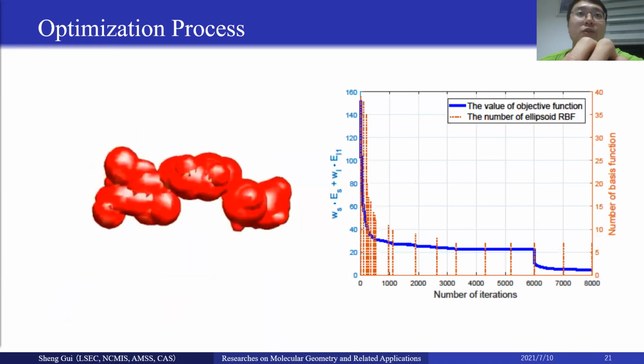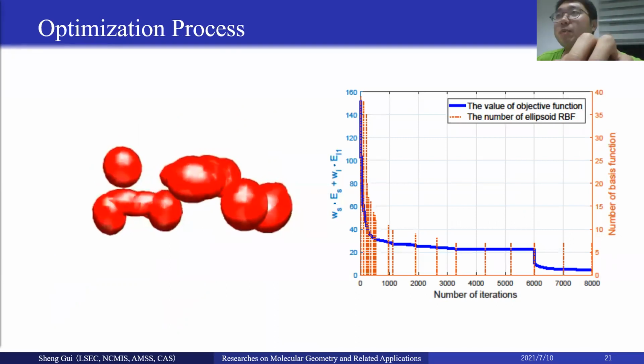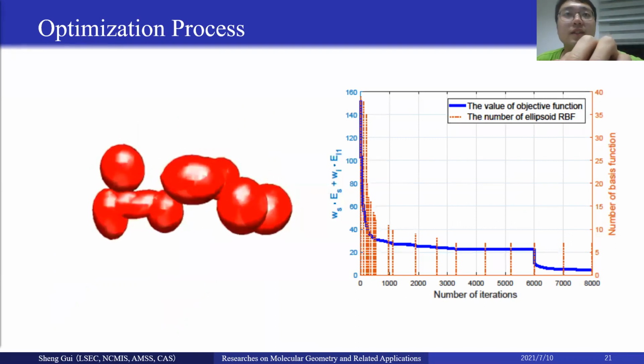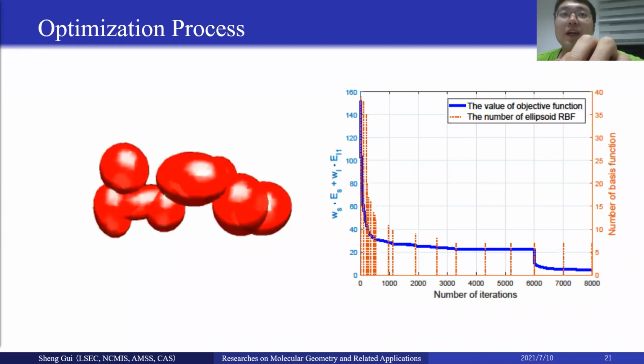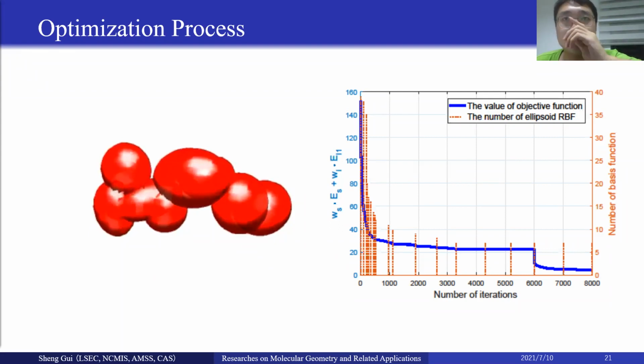Okay, this movie shows the optimization process, and this figure shows the loss function and the number of ellipsoid RBF neurons decreasing as the number of iterations increases in the sparse optimization procedure for the molecular ADP.